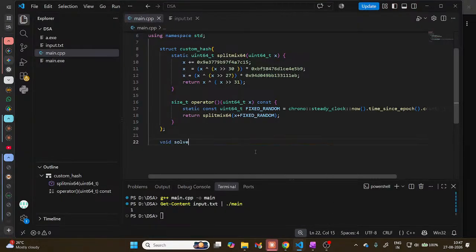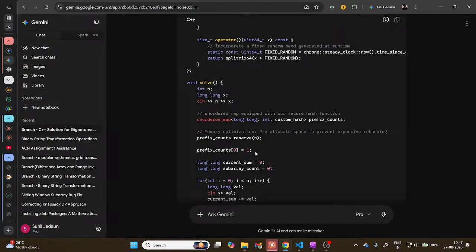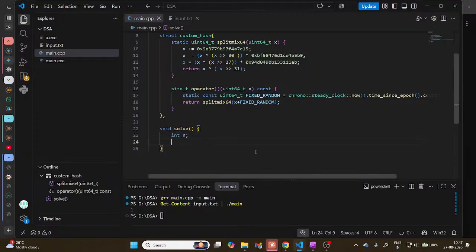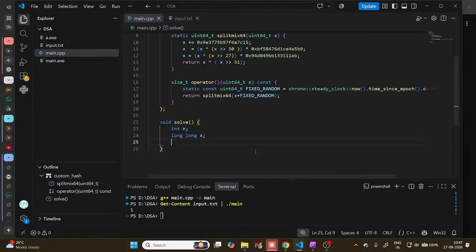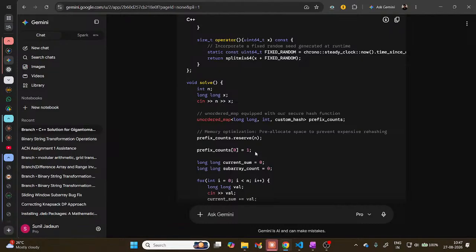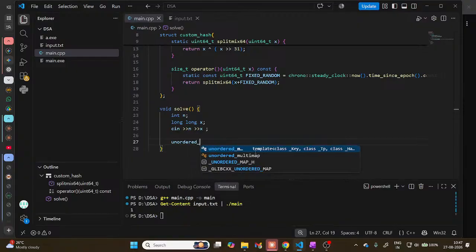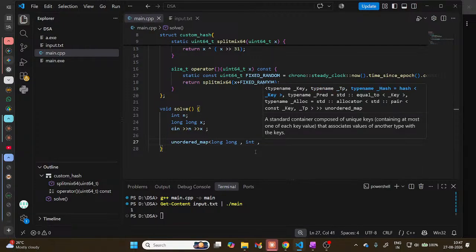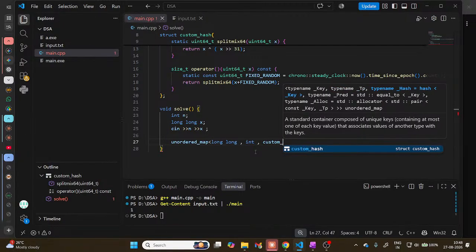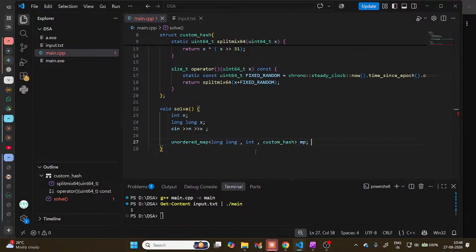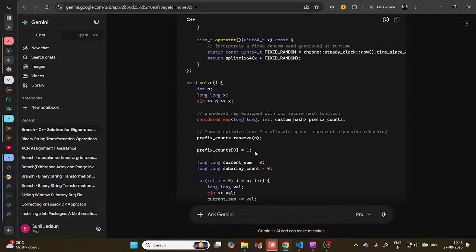Okay, void solve, long x and x, right? And then our map, which will be long long comma int comma custom hash, we are defining here.